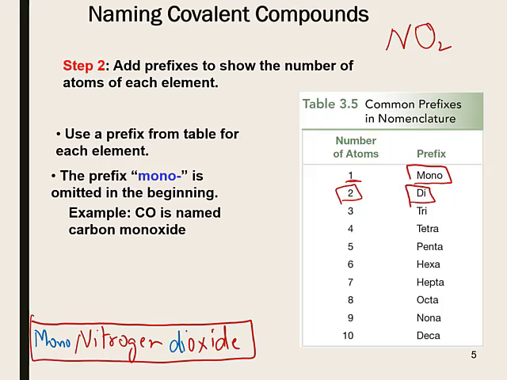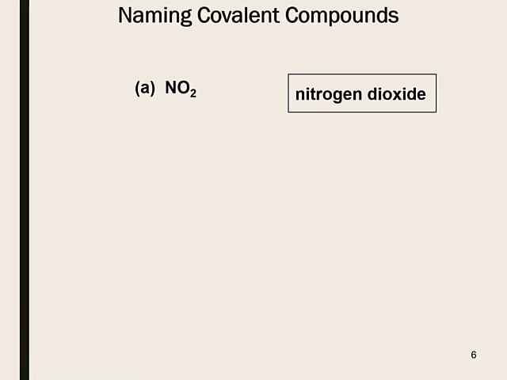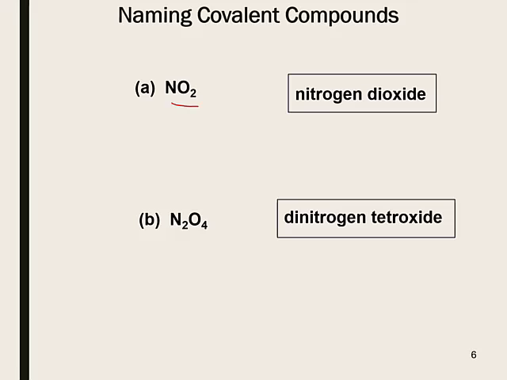The exception is that the prefix mono is omitted from the beginning. Hence we will not use mono in the beginning. So the correct name for NO2 is nitrogen dioxide. We already established the name of NO2, so it is nitrogen dioxide. Let's look at the other example, N2O4.